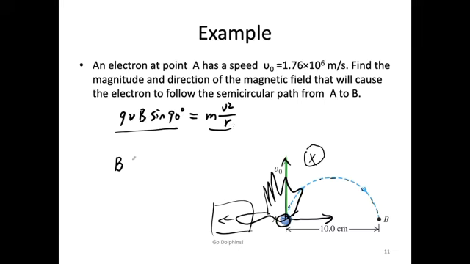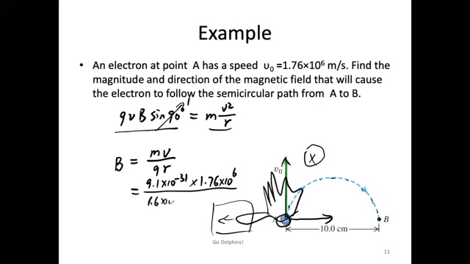So B is, sine 90 is just 1, so B is mv over Q times r, where m is the mass of the electron, 9.1 times 10 to the negative 31 kilogram, v is the velocity, Q is the charge of the electron, and r is the radius. The radius is 5 centimeters, so it's 0.05 meter.